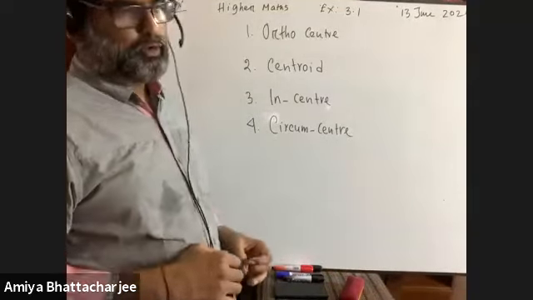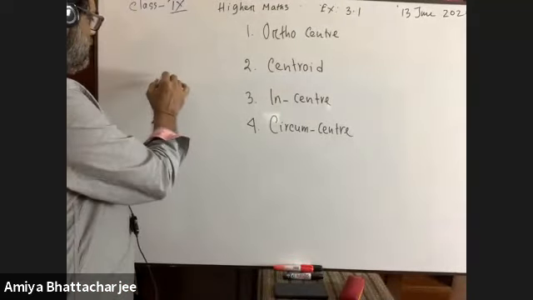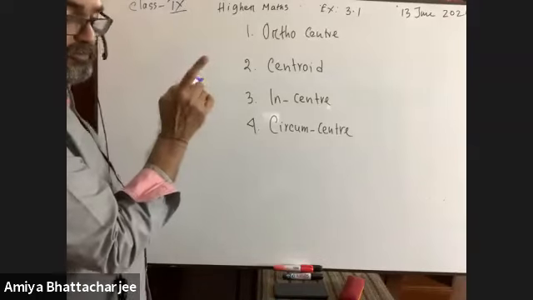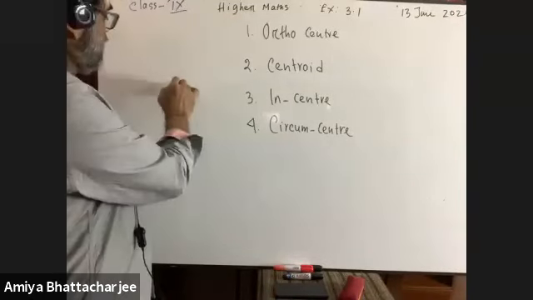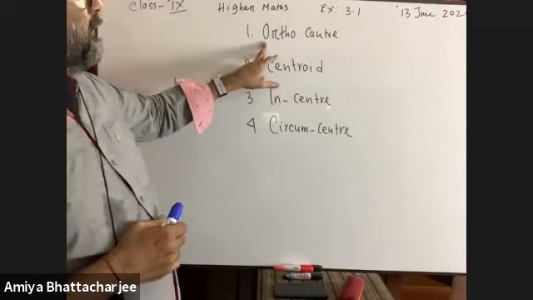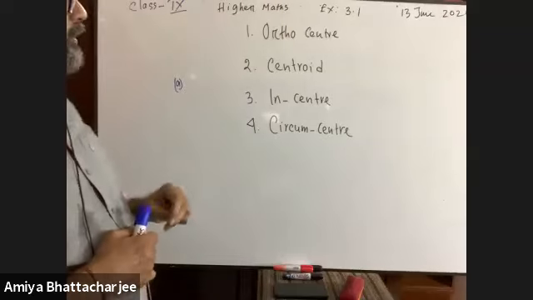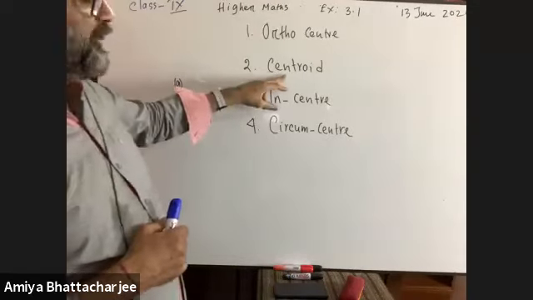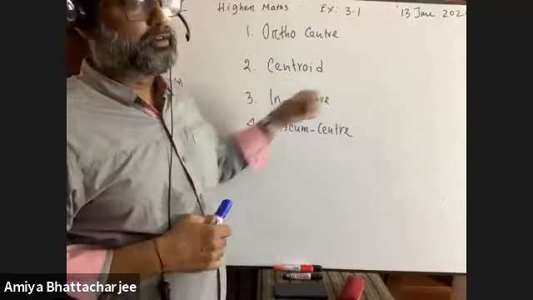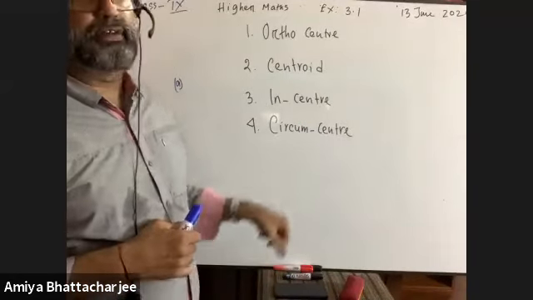Okay. Normally in question number A, I am telling for CQ, question number A, it is normally given: define orthocenter with figure, 2 marks. Or define centroid with figure, 2 marks. Or incenter or circumcenter.